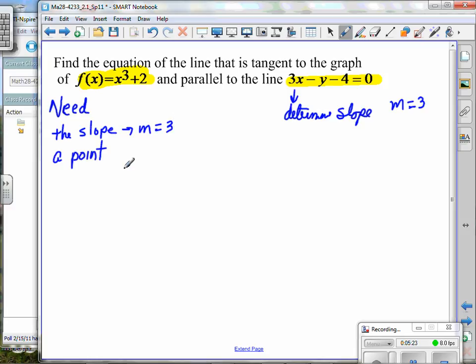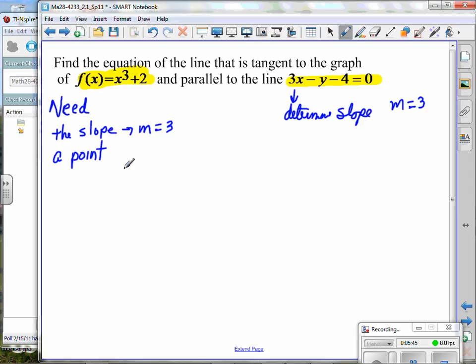But how does knowing the slope, or finding or determining the slope, fit into what we're doing in this course? Last time I was with you, in your notes you should have that there are three major topics we talk about. One's a limit. Yeah. Derivative.